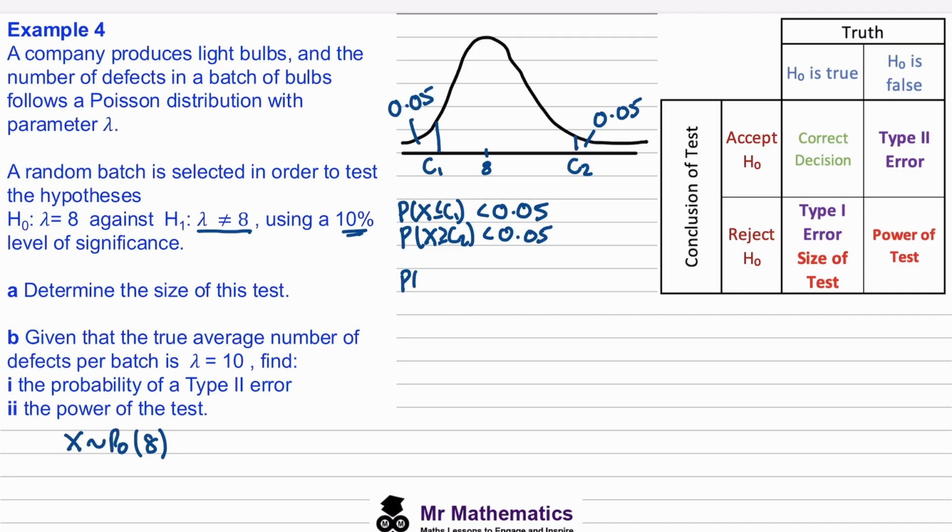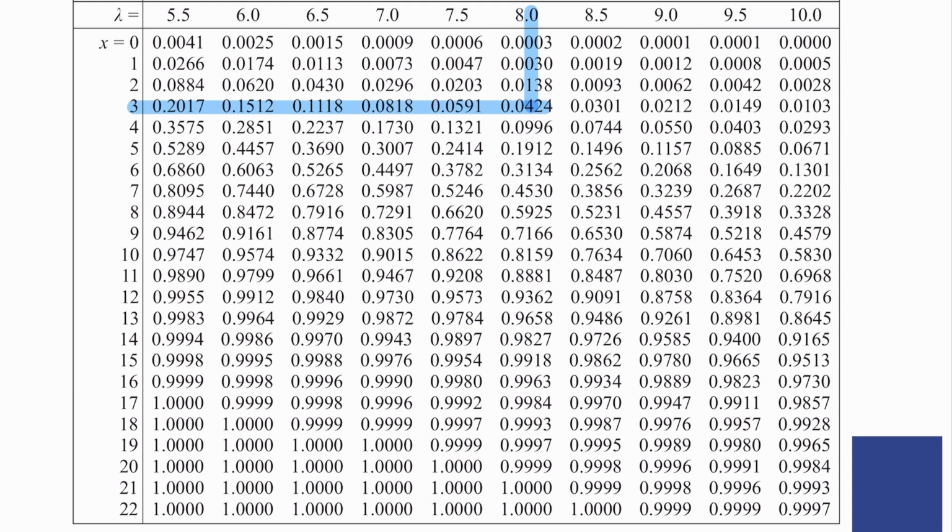So we want the probability of x being less than or equal to 3. And this was given as 0.0424. Then to work out C2, we want the probability that is nearest to 95%, and that is the 0.9362, when x is less than or equal to 12.